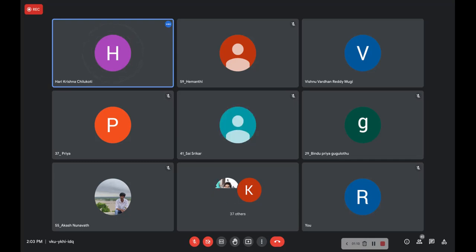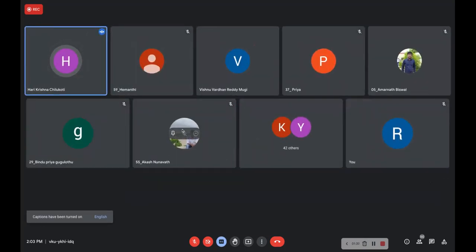They will be giving you the data for that particular week's experiment, and based on that data, you can write the report and submit it to the TAs. They will give you the guidelines on what they are expecting in that report, and you can submit that report by the next week.